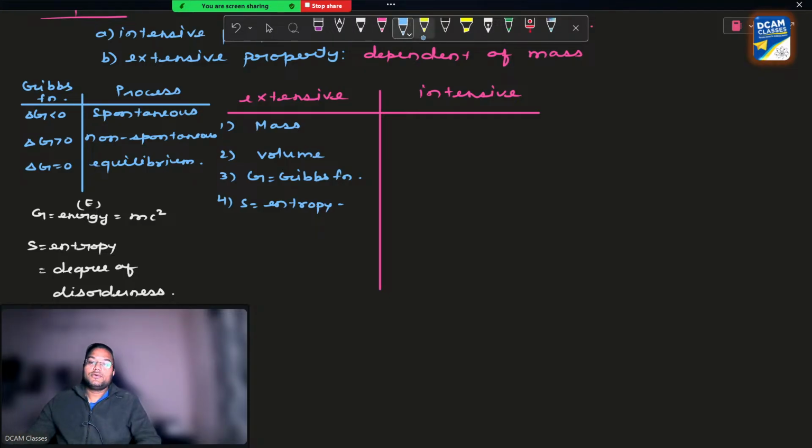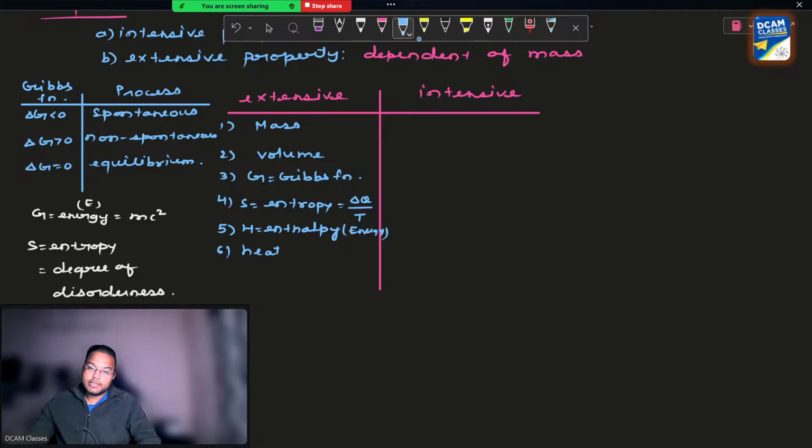There is a formula for it, delta Q by T, Q reversible by T. Since the entropy formula depends on the energy, delta Q, that's why it is extensive. Now, next is enthalpy. Enthalpy is actually energy only, the kind of energy which we represent in physics. That's why it is mass dependent.